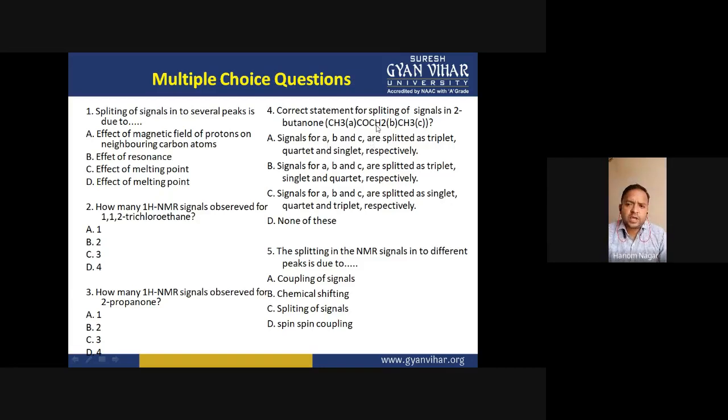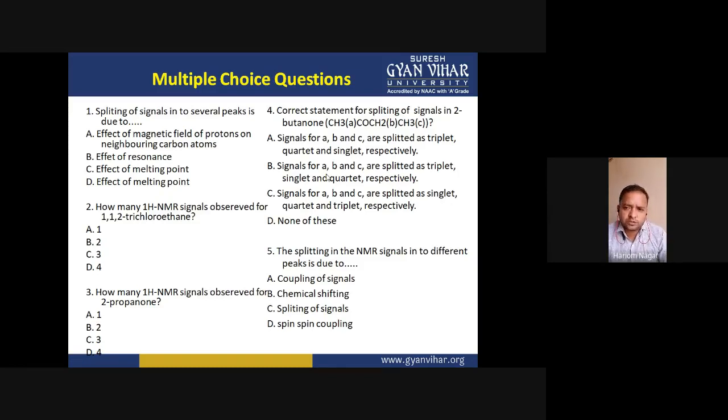And CH2 protons have three neighboring protons, so the B type protons' signal is split into a quartet, and the C type protons' signal is split into a triplet due to interaction with the two protons. So this pattern is not correct. Option B is signals for A, B, and C split as triplet, singlet, and quartet.